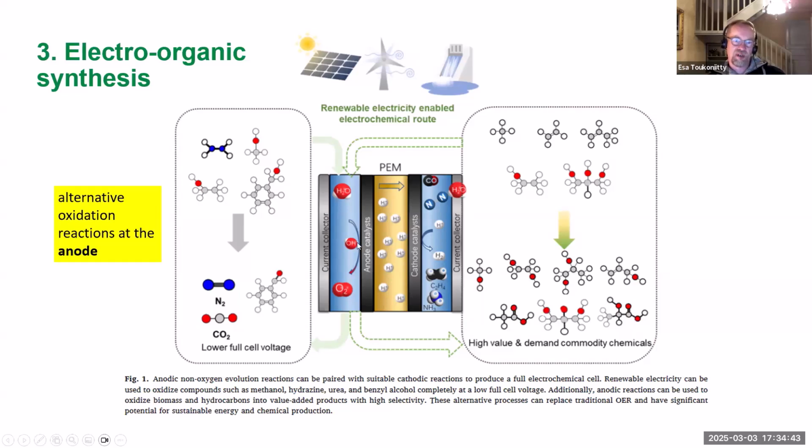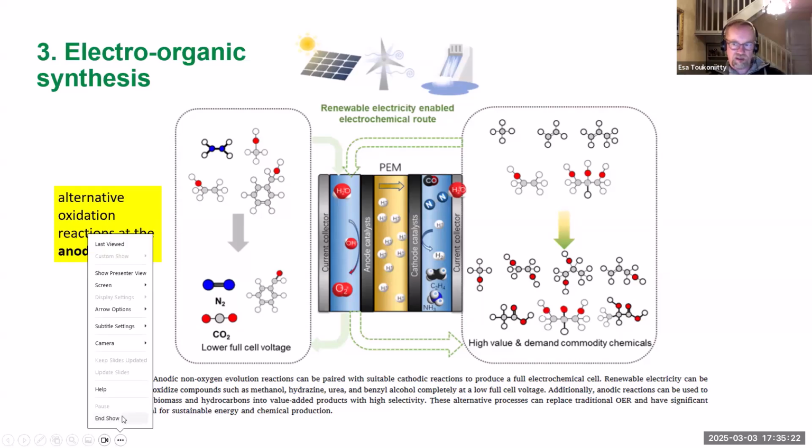You have the anode side and the cathode side, and different half reactions take place on both. Instead of just breaking water at the anode, producing oxygen, you can produce multiple other valuable chemicals just by selecting the raw material, choosing something else instead of water. So this is one possible way of making chemicals with renewable energy and electrochemistry.